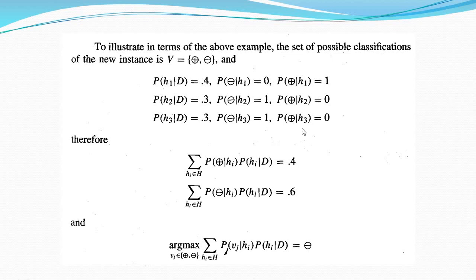That's why we proved it with this example. This classification has the maximum probability, so we can say this is the optimal classification for the new instance with this data.